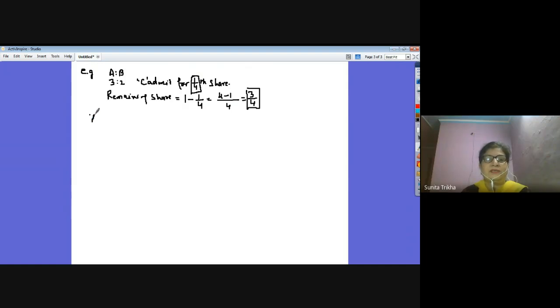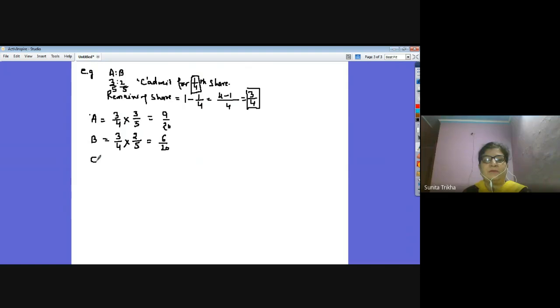Then A's share: the remaining share is 3/4 and the old share of A is 3/5. 3/4 times 3/5 equals 9/20. In the same way, remaining share 3/4 into old share 2/5 equals 6/20.